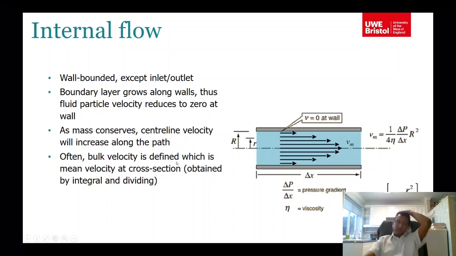Often the bulk velocity is defined, which is the mean velocity at a cross section. The bulk velocity is the average velocity of the pipe flow. So the center line velocity is larger than the bulk velocity, and the velocity at the walls is basically 0.